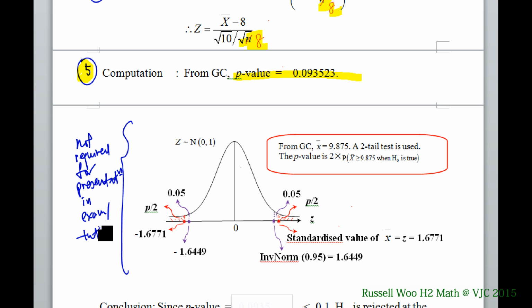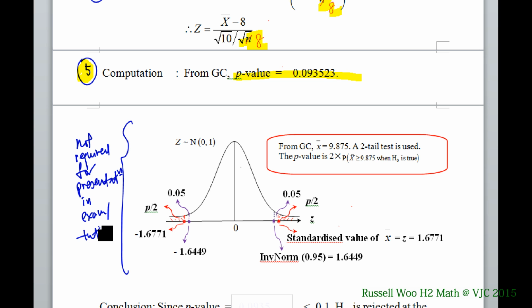When you completed your p-value, when you got your X bar, you standardize your X bar, that is 1.6771.